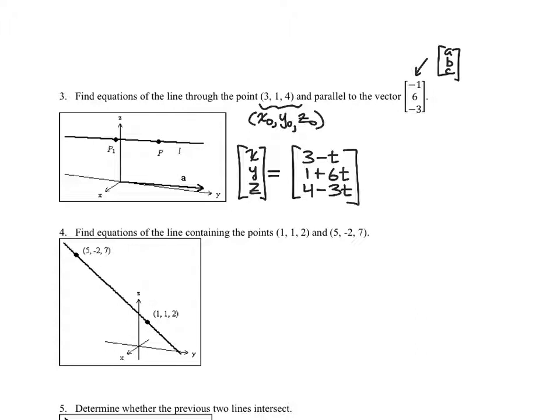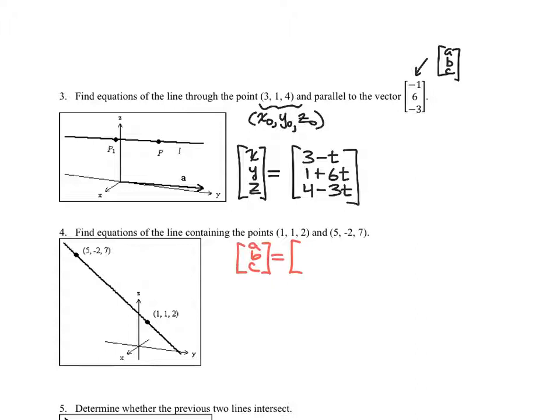Now, for the other one, I have to find the displacement vector first, but as we're seeing, it's not the math that makes that challenging. It's just a question of getting your perspective down correctly. So when I'm looking for my ABC, I just want to make sure that whatever is coming second in the subtraction is going to be my starting point.